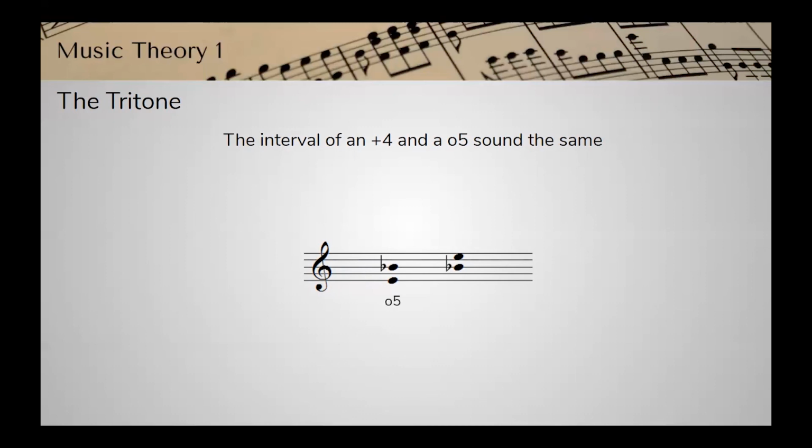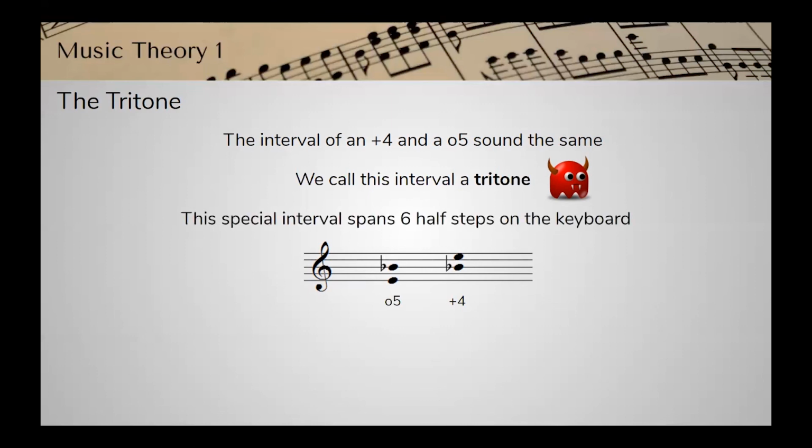So we call this special interval a tritone, right? And it used to be considered the devil in music. Really it wasn't that serious. It just meant a mistake to be avoided, but people have latched onto that because it sounds really dissonant, right? And so that name has kind of stuck.